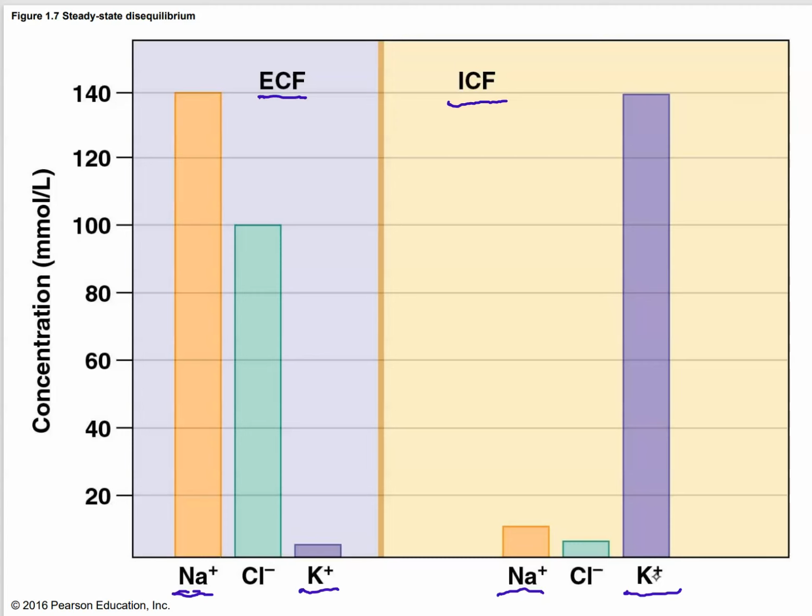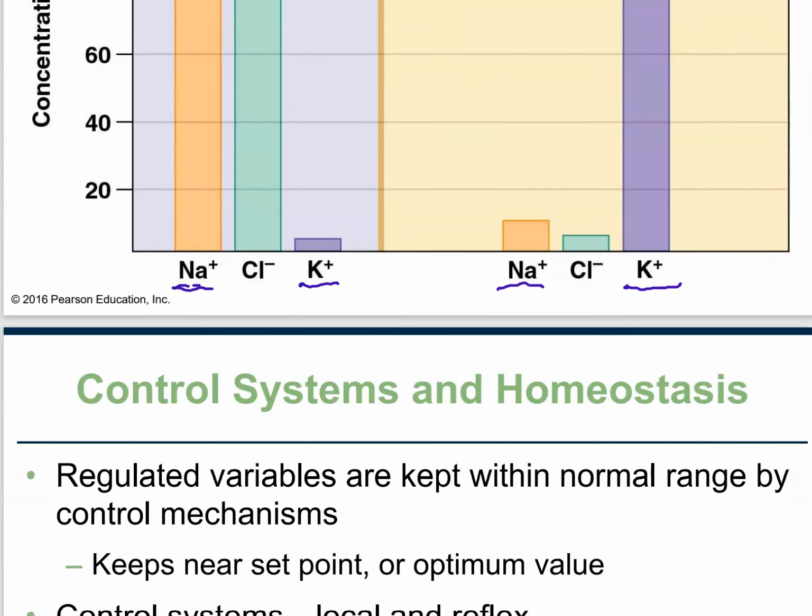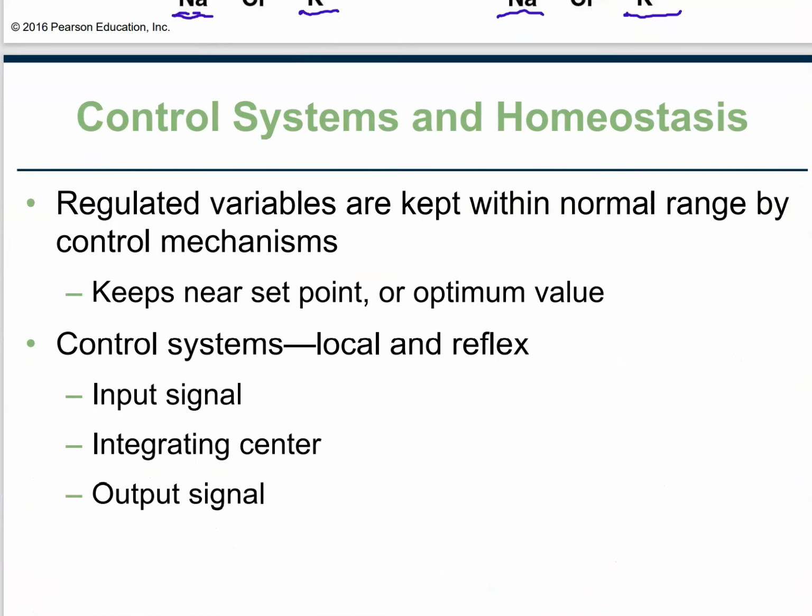We'll be talking much more about it, but it's a good idea to know this already, that sodium must be much higher on the outside as compared to the inside, and potassium is exactly opposite, much higher on the inside versus the outside fluids of the cell, that is. And this would be an example of, if we have this situation here, we're in homeostasis, but we're not in equilibrium.